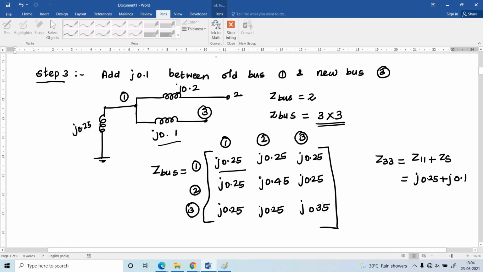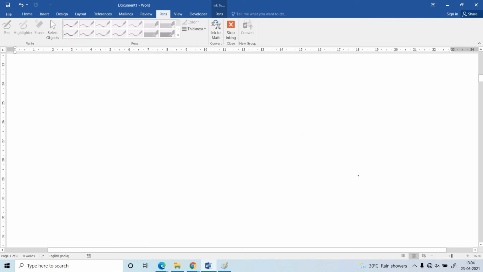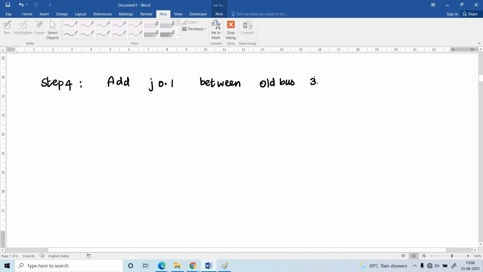This is step number 3. And next I am going to explain the next step, that is step number 4. In step number 4, add J0.1 between old bus 3 and old bus 2.